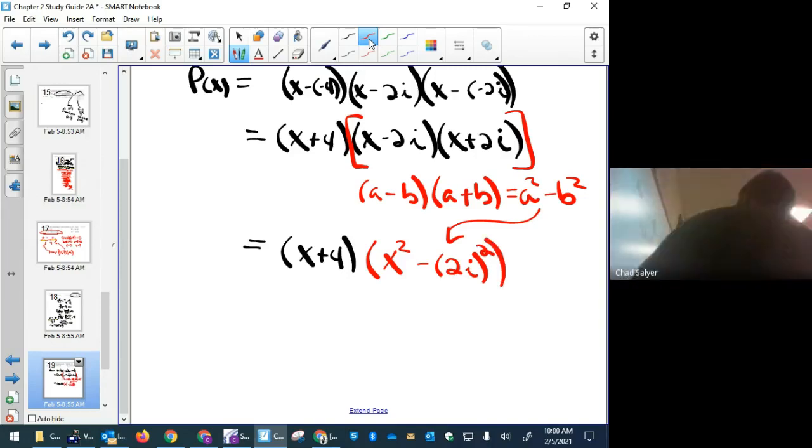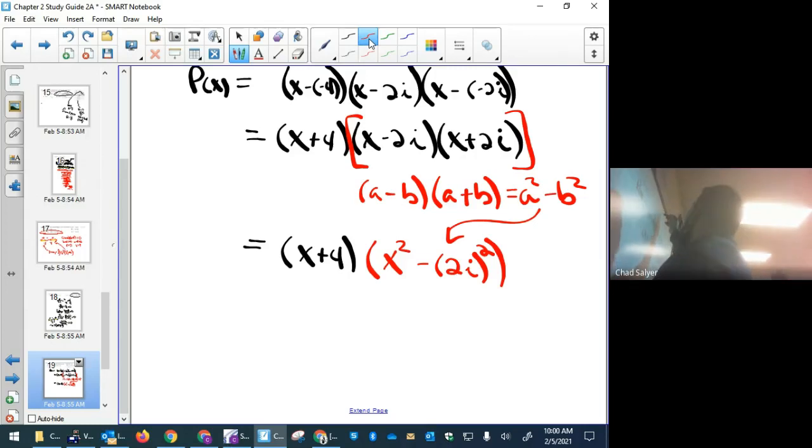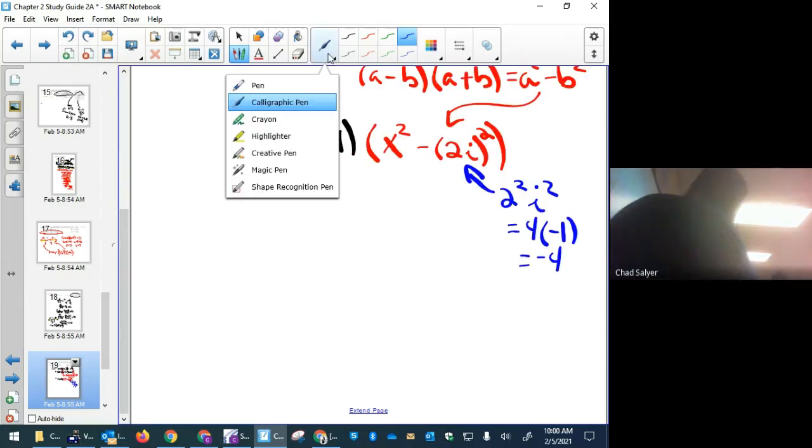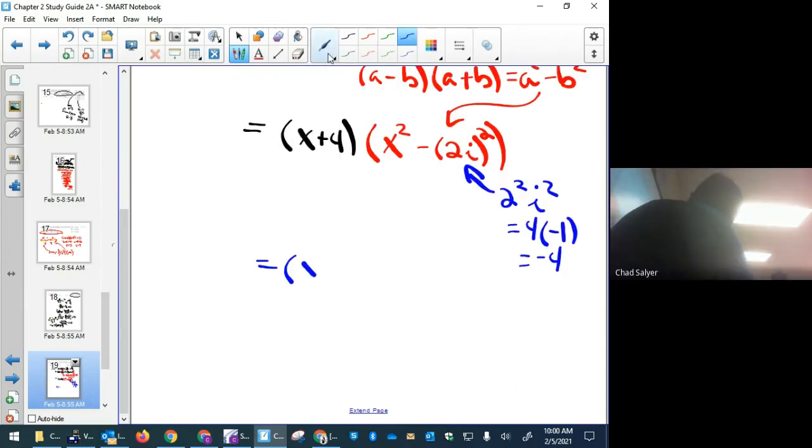So 2i squared is a little tricky. That's 2 squared times i squared, or 4 times -1, or -4. So that's actually x squared minus -4, which is x squared plus 4. So I've got x plus 4 times x squared plus 4.